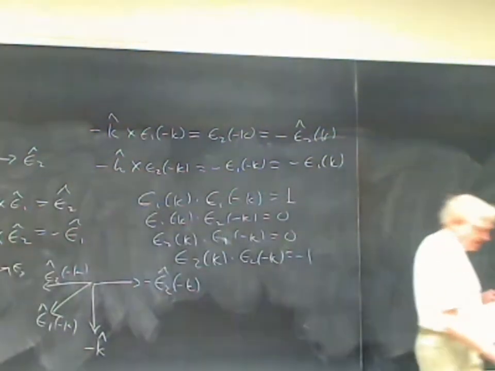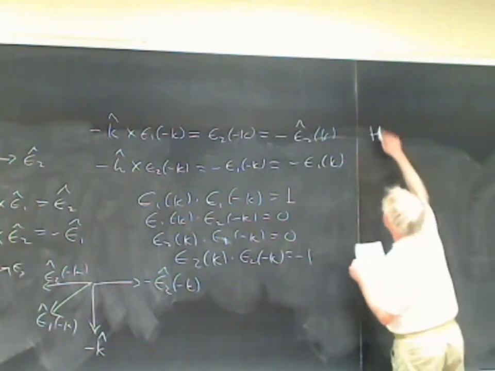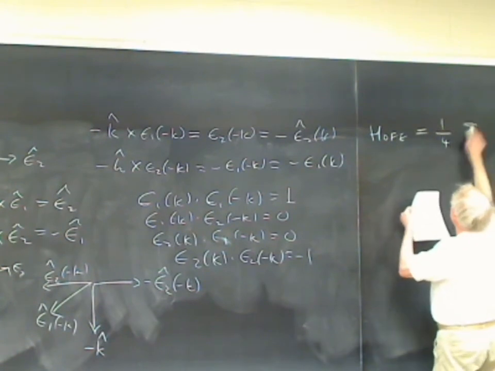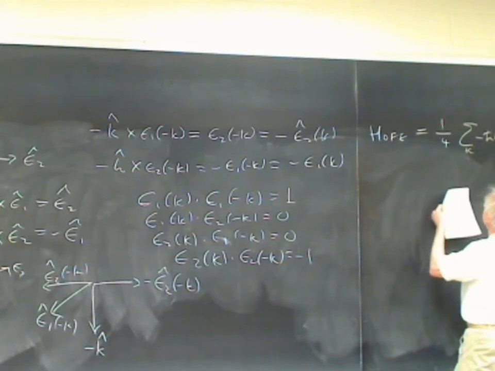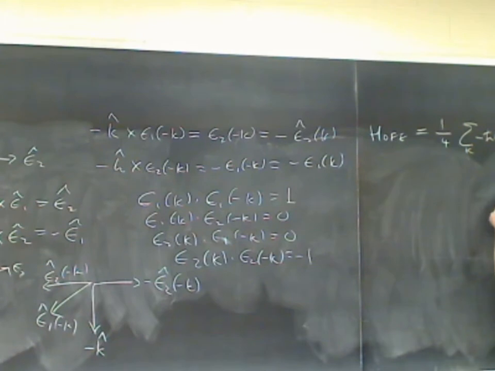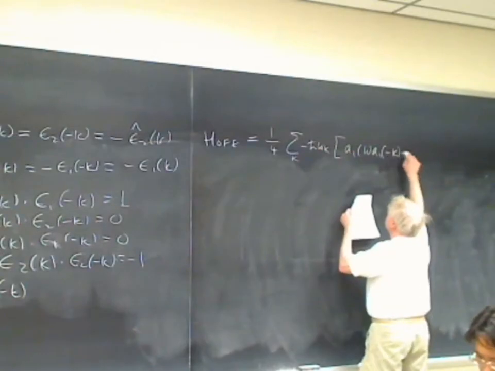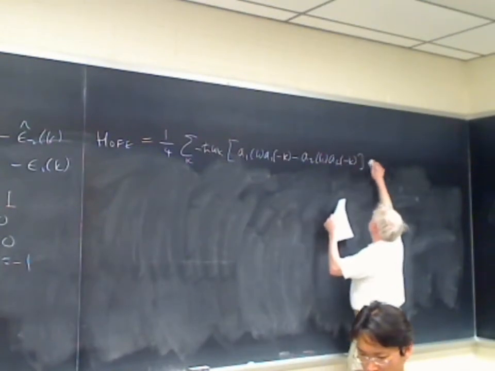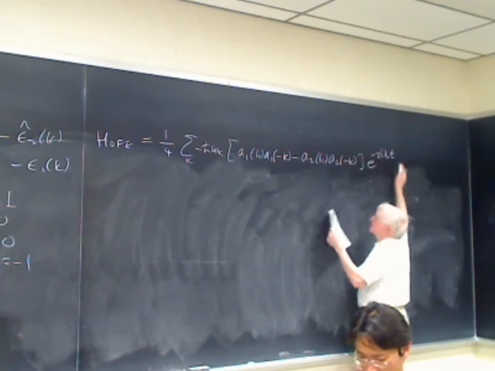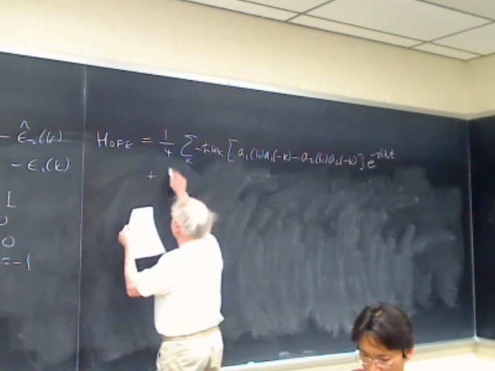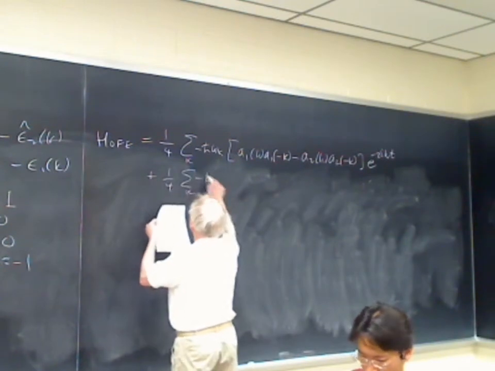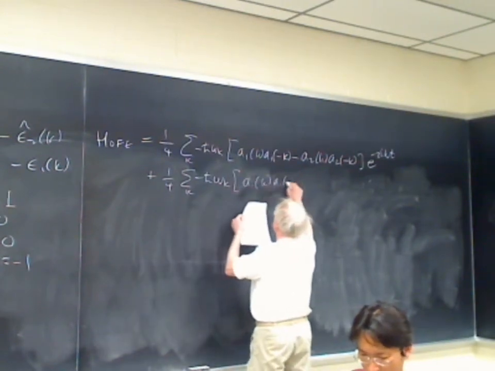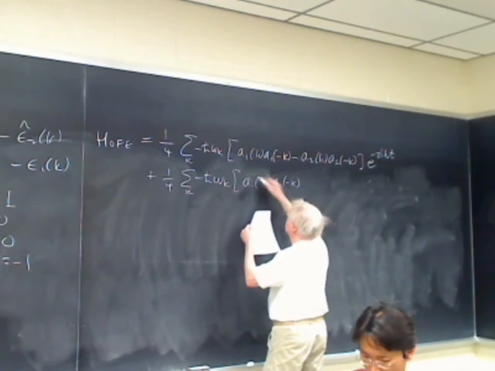all right, I think I'm clear now. What we get here is H0 electric field part is a quarter, a sum over k, minus h bar omega k, and we get a1 of k, a1 of minus k, minus a2 of k, a2 of minus k, e to the minus 2 omega t, plus a quarter sum on k, minus h bar omega k, a1 of k, a1 of minus k. Well, these should be daggers.